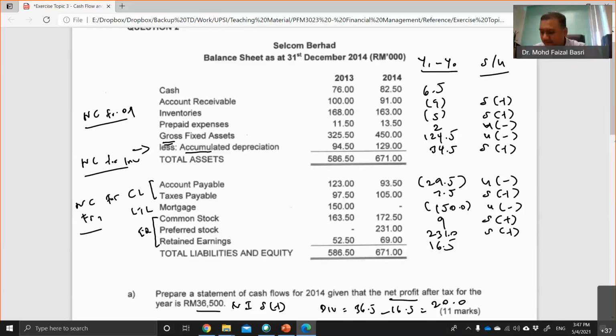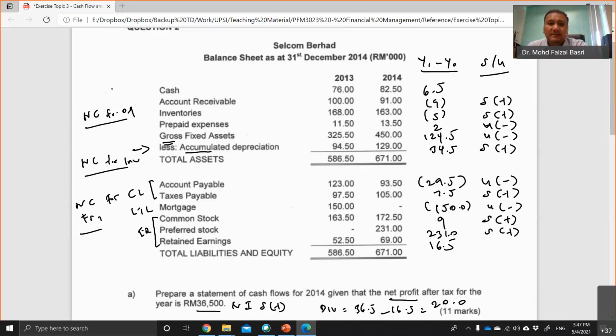We need these three pieces of information. Your final answer might be the same, meaning you get this 36.5, but the categorization must be in the right place as well, in terms of operation, investment, and financing, especially if you have marketable securities or notes payable. But for this question, we don't have those two, so it should be straightforward.